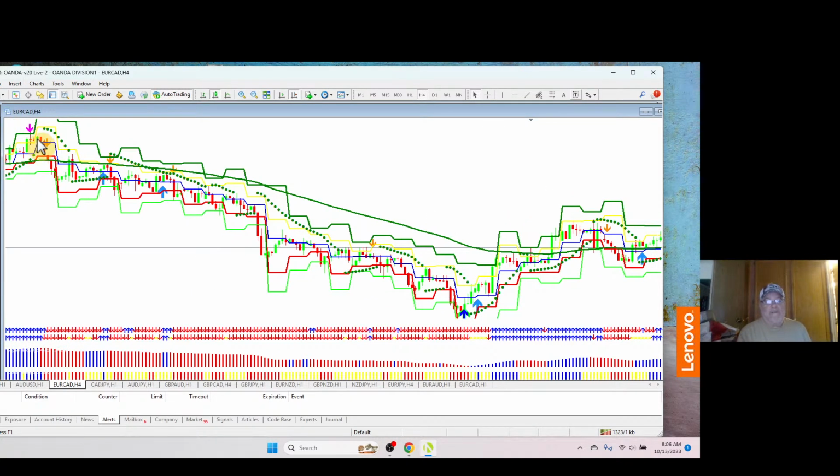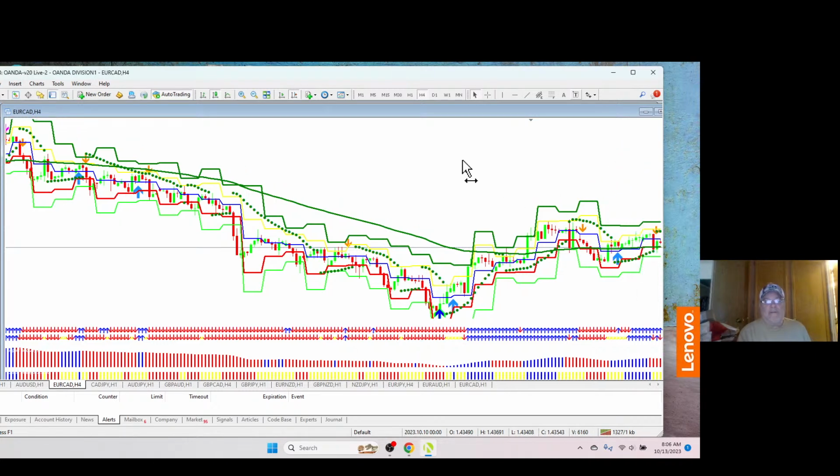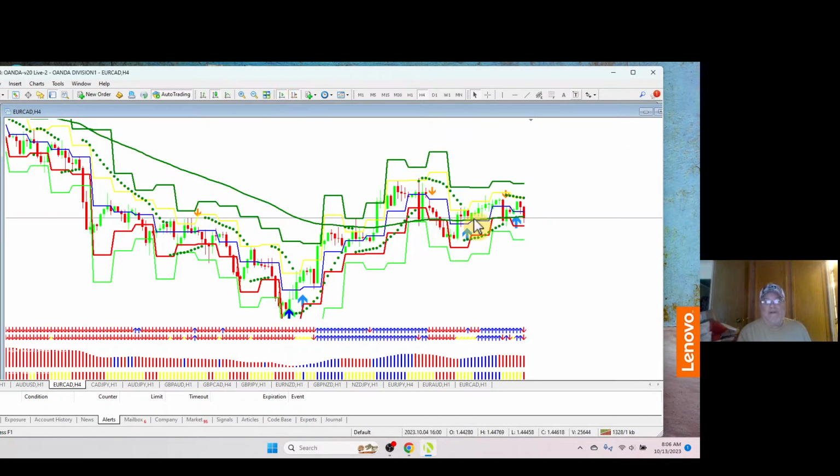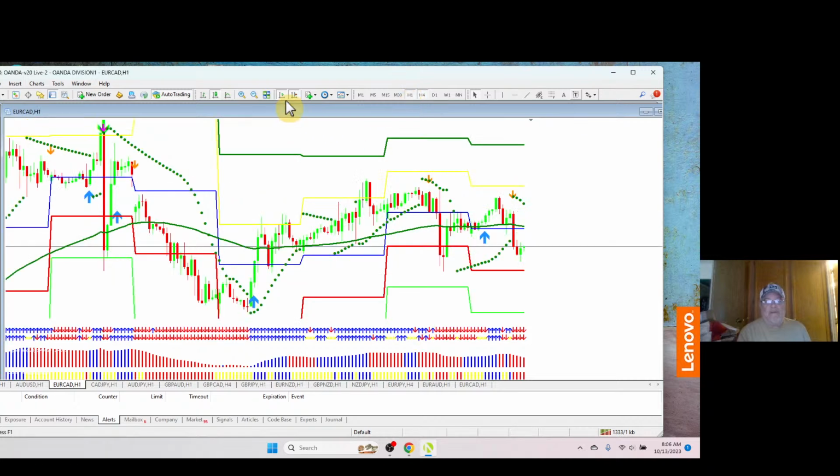Yep, right there. So we've got a ways to go to come up in here for a potential sell from where it is right now. So it's kind of in no man's land, or this could pull back into this buy and then turn up. In no man's land, as I say, nothing to do on the Euro CAD.